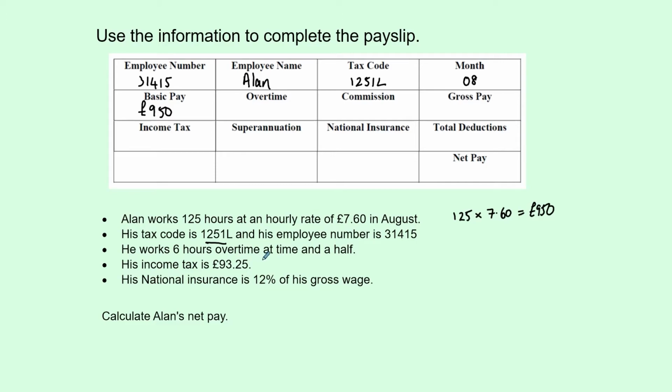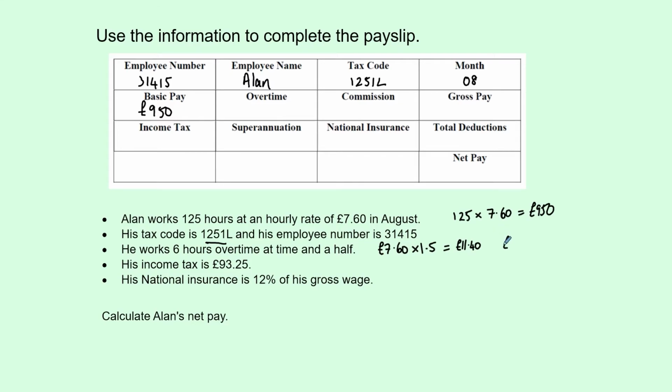He works 6 hours overtime at time and a half. Time and a half, touched on that before. His basic pay is £7.60. Time and a half means he gets 1.5 times that amount. So £7.60 times 1.5 gives us £11.40. So his overtime rate is going to be £11.40. He works 6 hours overtime.